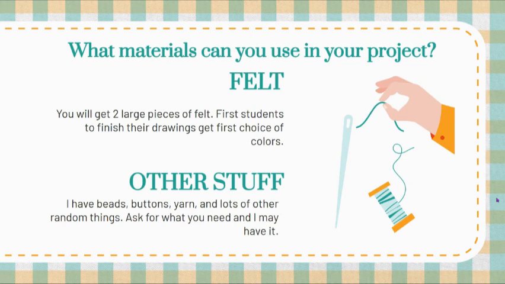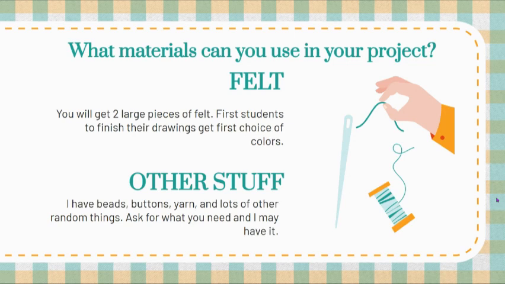Now, as you plan out your final project, thinking about what materials you can use, obviously felt. What I will give you is 2 large pieces of felt, the size of your sketchbook. If you are one of the first students ready to go, you get your choice of colors. If the color you want is gone by the time you finish your drawing, I'm sorry, it's gone.